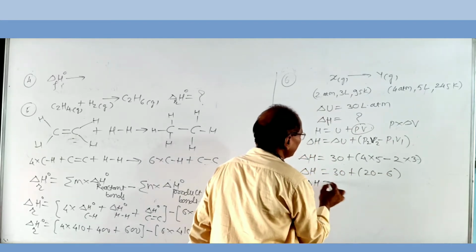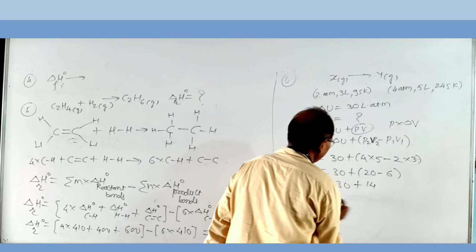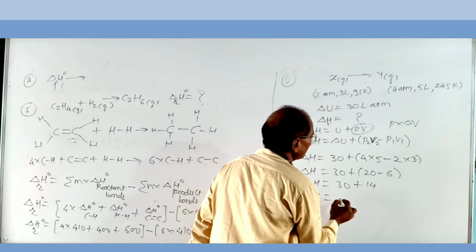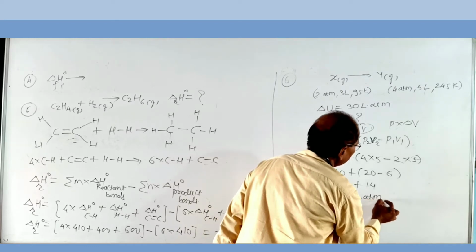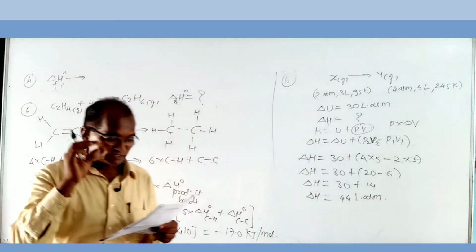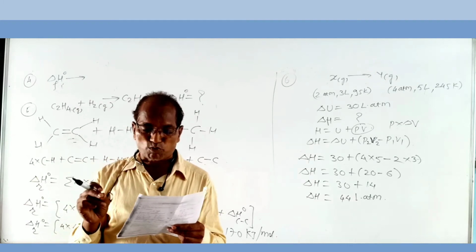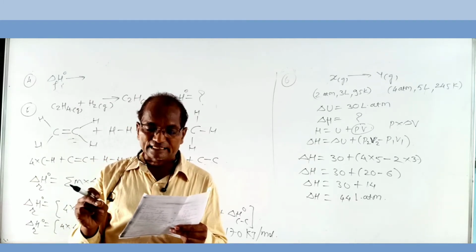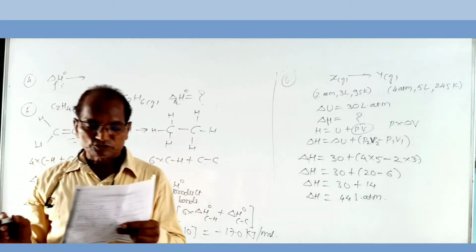That is, delta H is equal to 30 plus 14. Delta H is equal to 44 liter atm. Therefore, our answer C is correct.